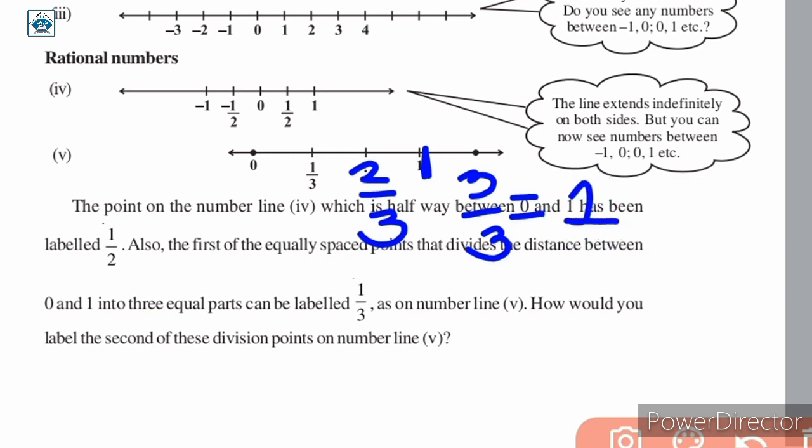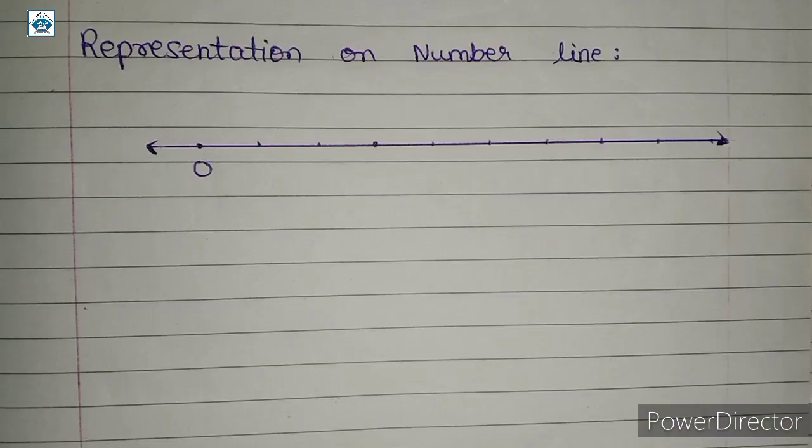So the distance between 0 and 1 is divided into 3 equal parts, and the first point can be labeled 1 by 3, the second point can be labeled 2 by 3, and the third point is 3 by 3, which is equal to 1. So now you know how to represent 1 by 3 or 2 by 3 on the number line.